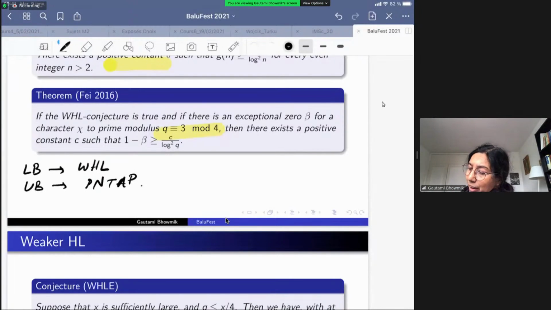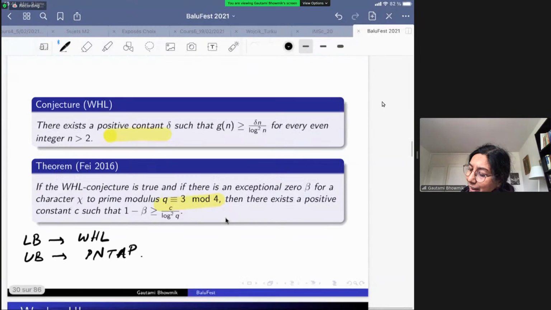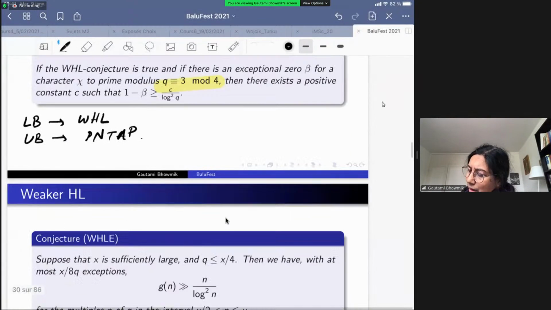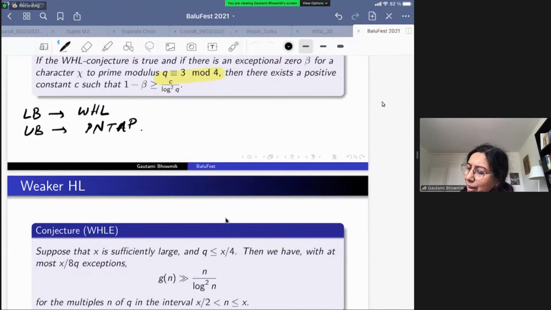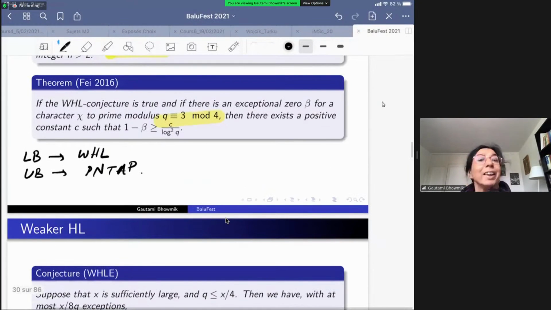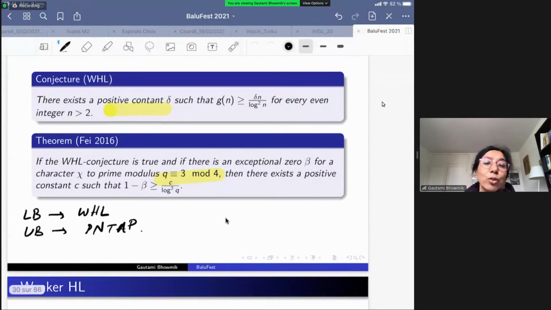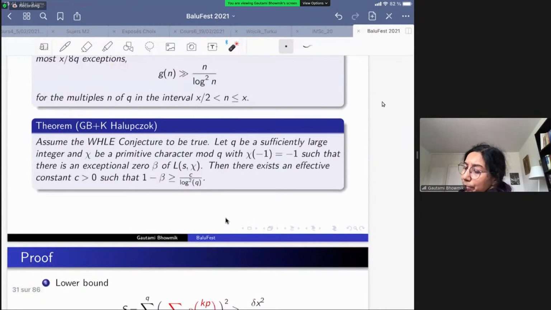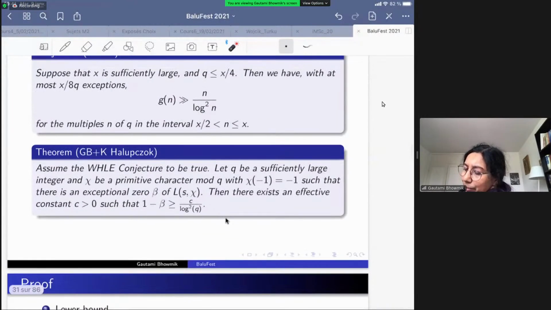Here it says there exists a positive constant delta such that g of n is larger than that. And we can make this weaker, and include some other conditions more than this Q congruent to 3 mod 4. As a special case, it should give his result.